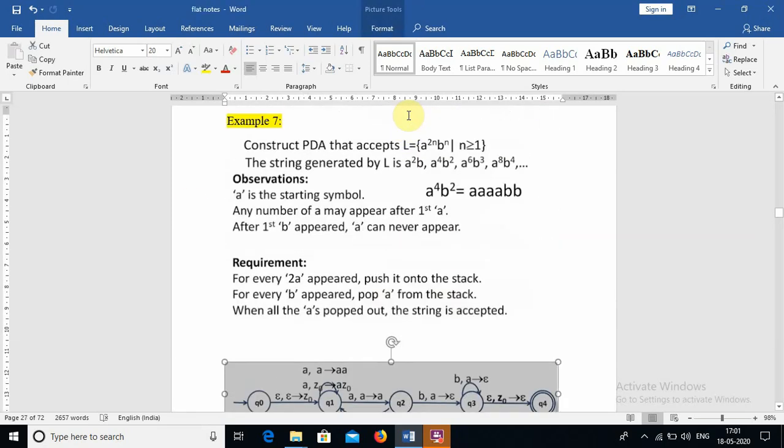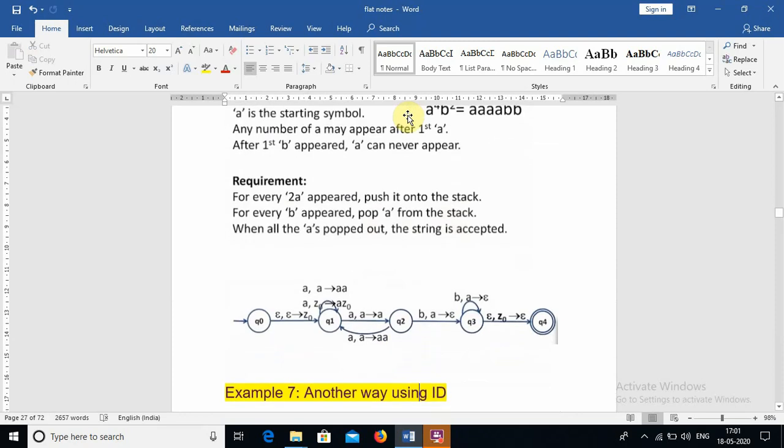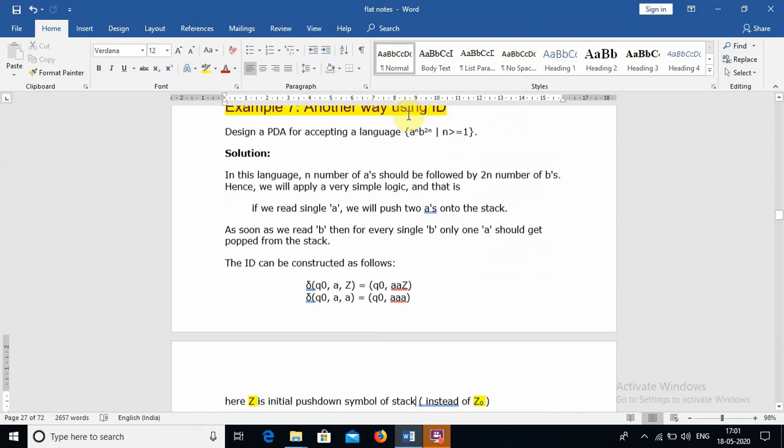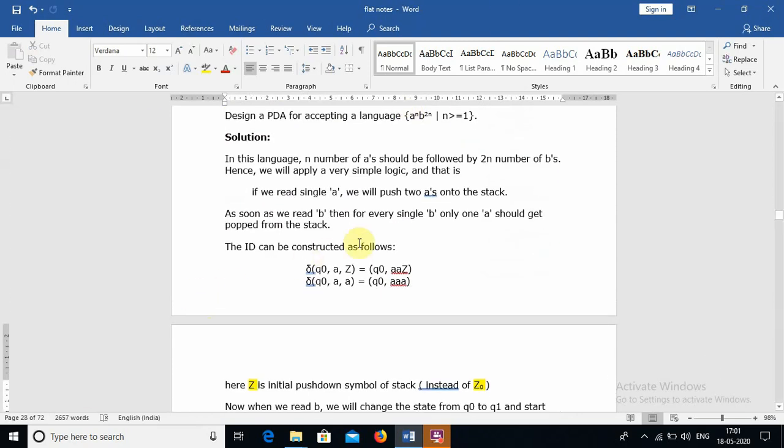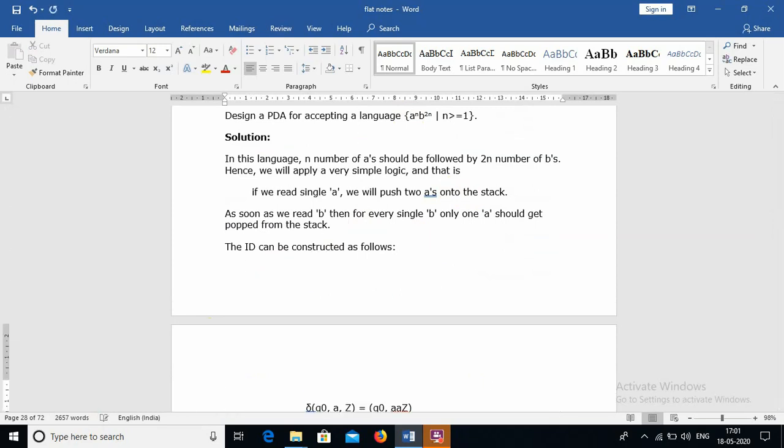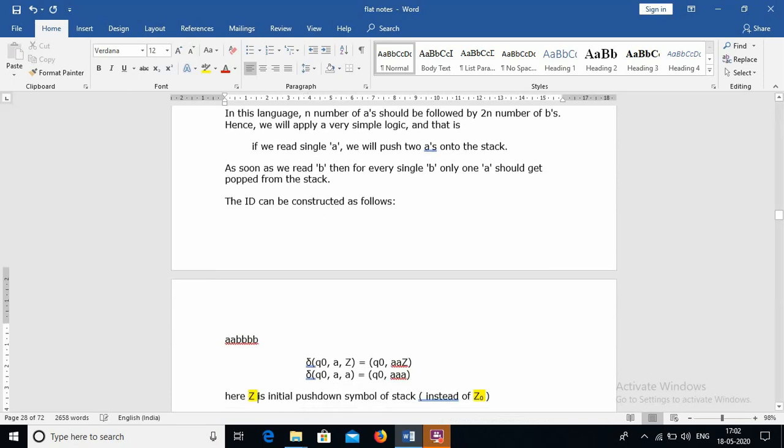Let's go with aa followed by 4 b's. aa 4b's is the string, you can take it like that. What is the language? For 1a, 2b's. For 2 a's, 4 b's. So you can take like this.